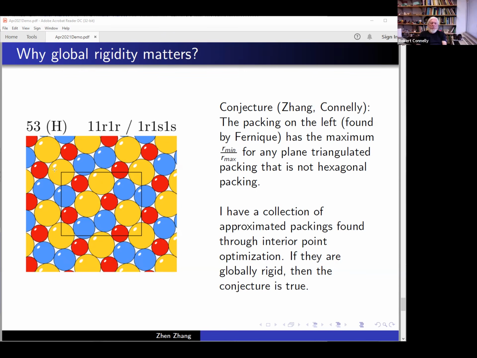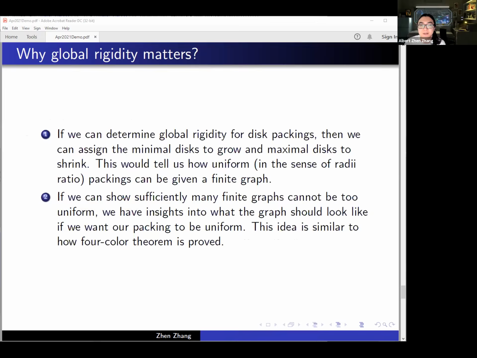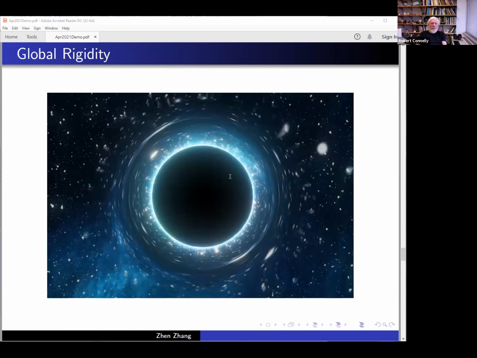Right. So isn't it true that you can show locally that it is rigid? Yes. It's infinitesimally rigid. You want to show globally it's rigid. Yes, I actually only need global rigidity for finite packings, like this and that.